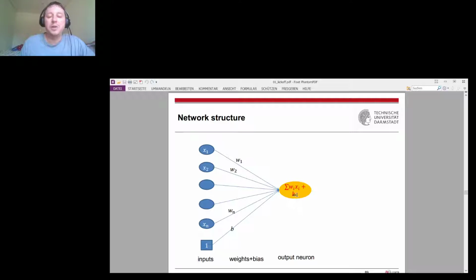The weight is b, and the input is 1. So adding this b here is totally conform with the logic of the calculation. We call this a pre-activation. So our output neuron has a pre-activation.